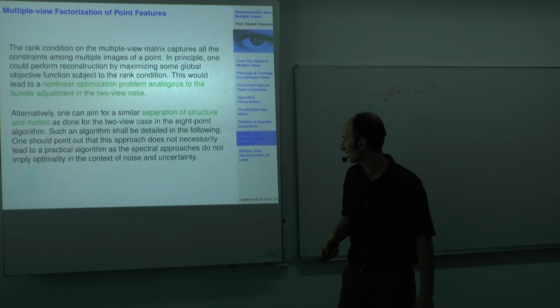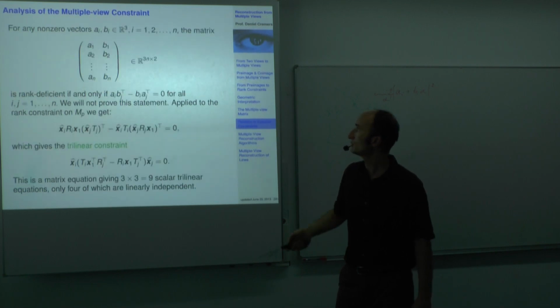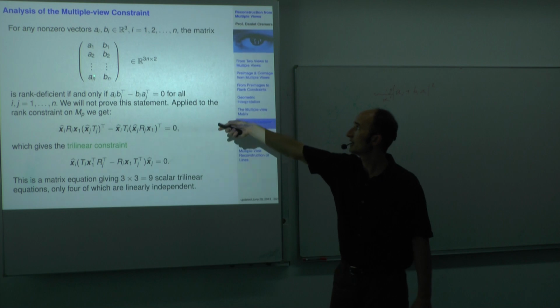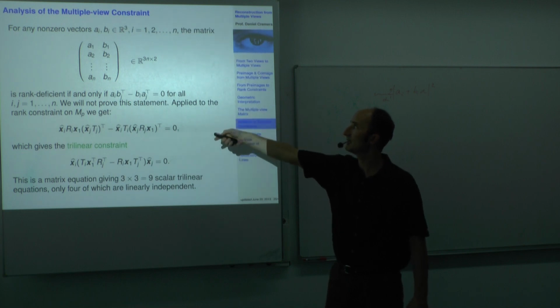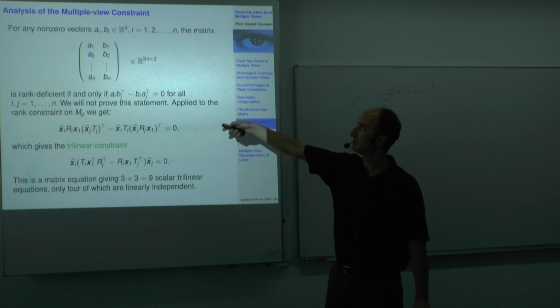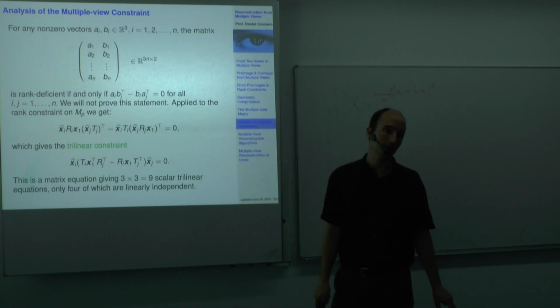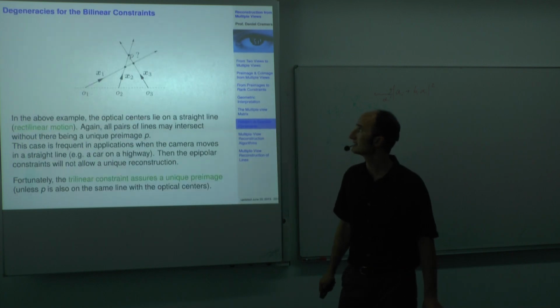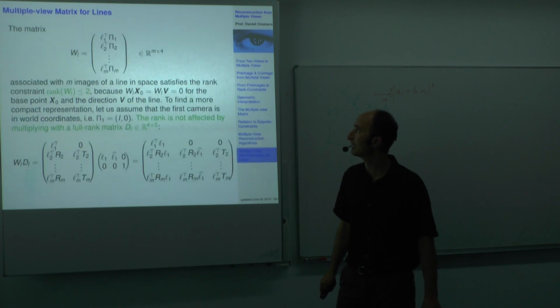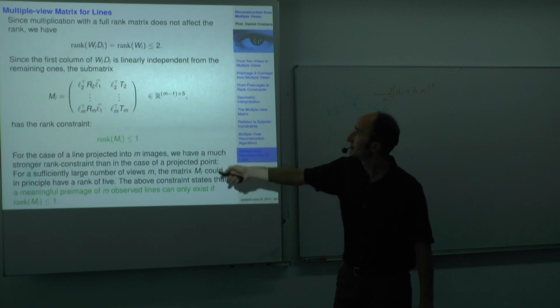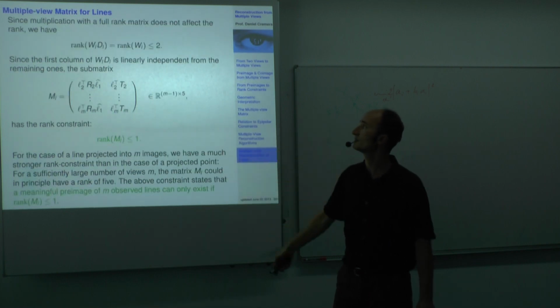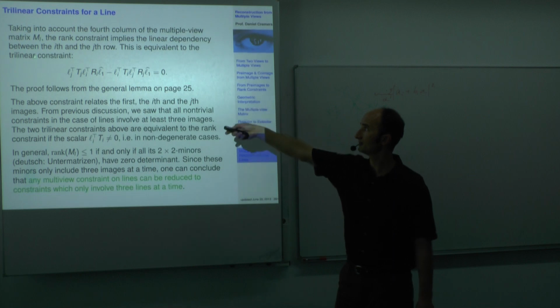If you go back to page 25, if you have a matrix where the columns are linearly dependent, and they are A1 to AN, B1 to BN, that is equivalent to saying that these Ai and Bj fulfill this constraint. And so we've used exactly that same thing. If you plug in Ai and Bi for these columns here, then you get this expression.